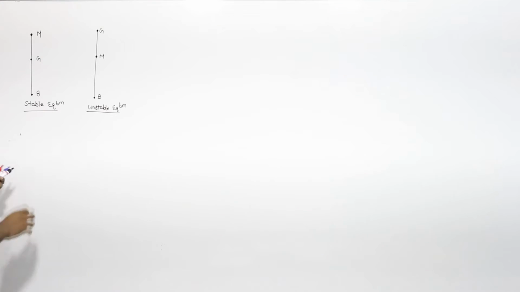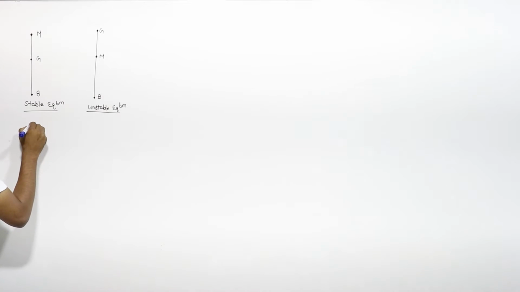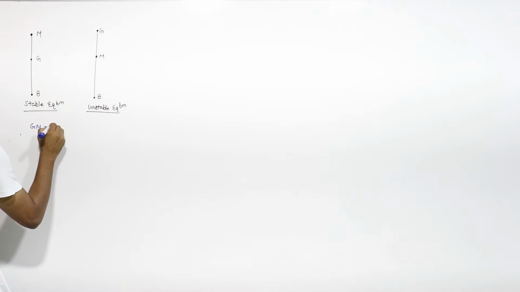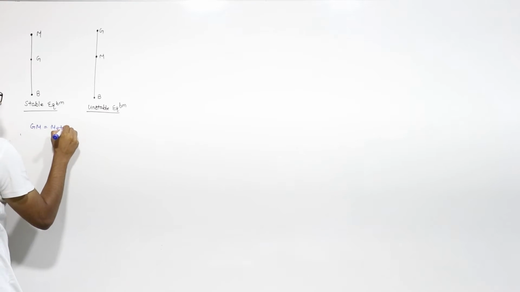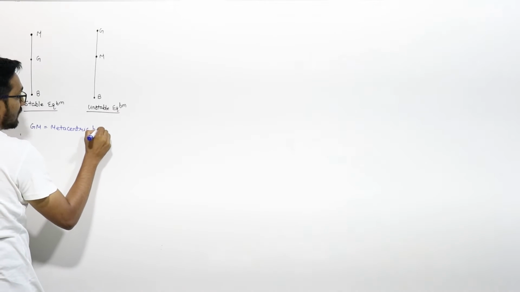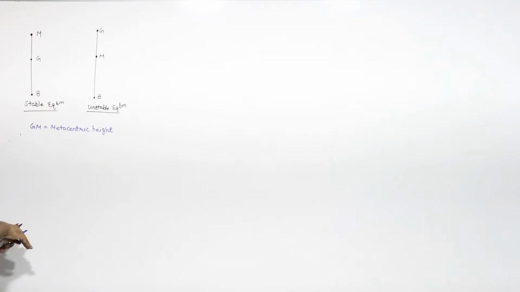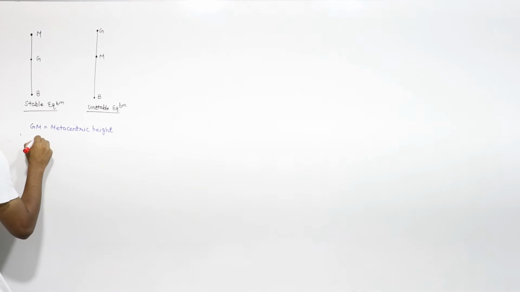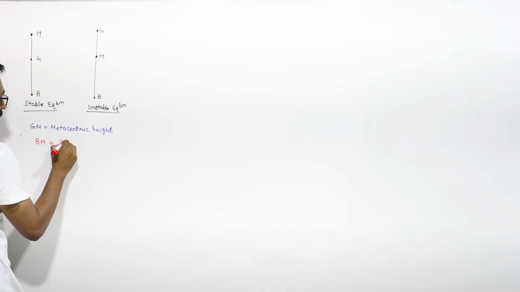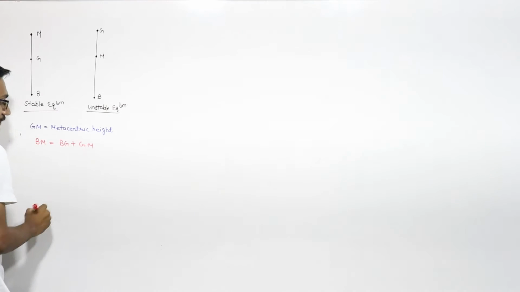From this we can say that this GM is known as metacentric height, and from this figure you can write that the distance BM will be equal to BG plus GM.